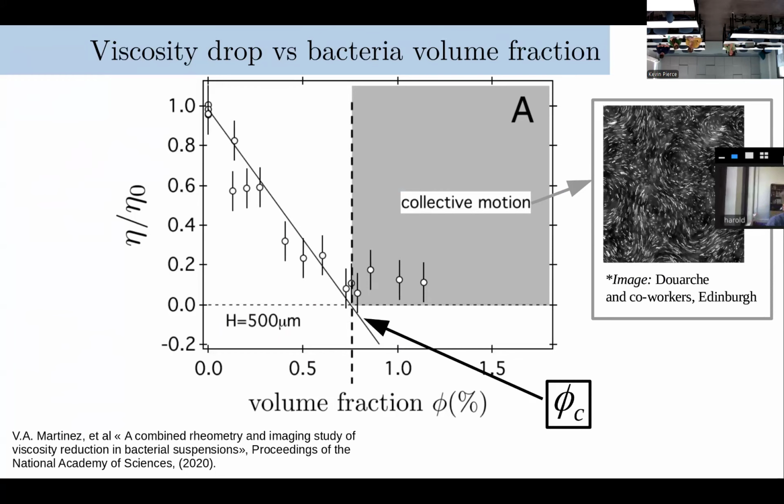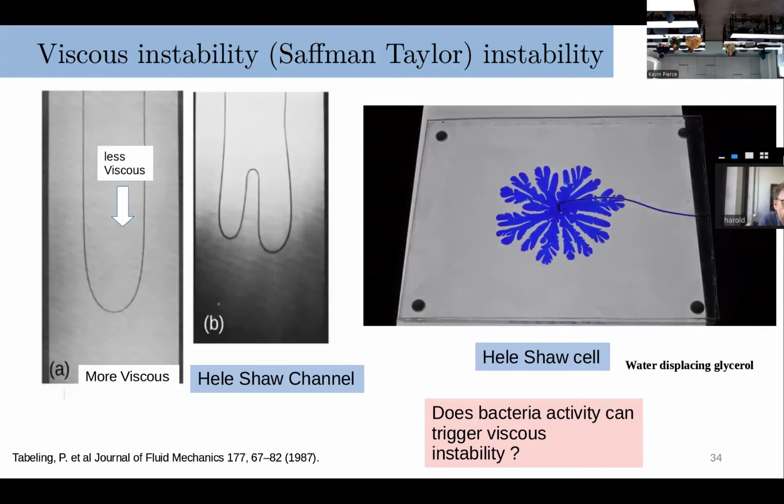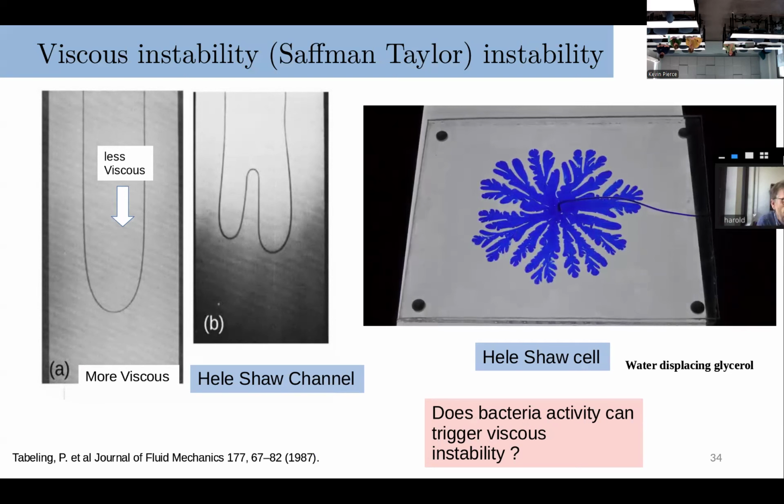So on the next slide, you see what we wanted to understand, to prove, or to test. If you have bacteria, you decrease the viscosity.